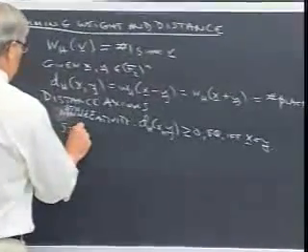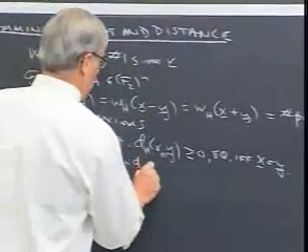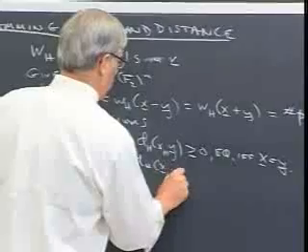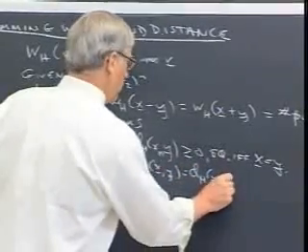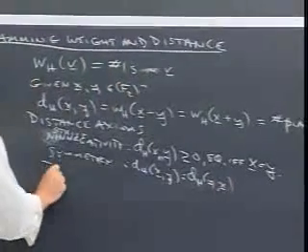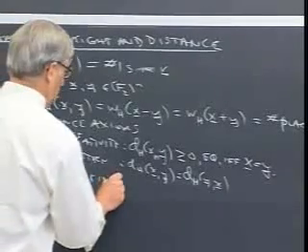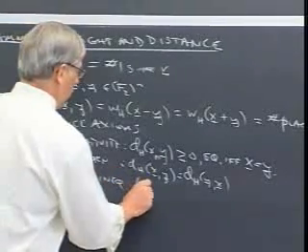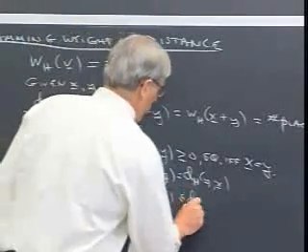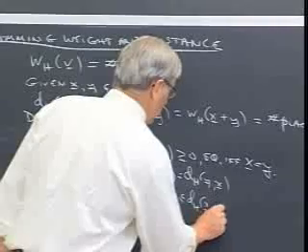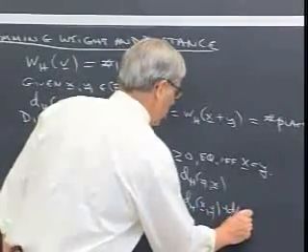We have, of course, symmetry. The Hamming distance between x and y is the same as the Hamming distance between y and x. Order doesn't matter. And finally, we have the triangle inequality, that the Hamming distance between x and z certainly can't be more than the Hamming distance between x and y plus the Hamming distance between y and z.